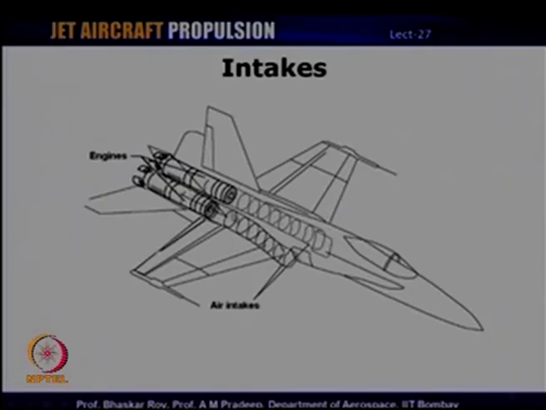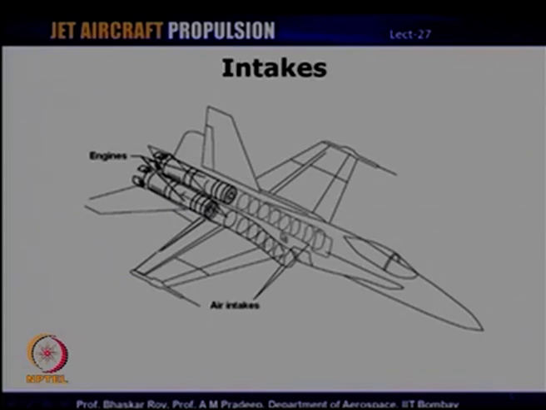In this case, you can clearly see that the engine is located far downstream towards the tail of the aircraft, which is how it is in most of the military aircraft, and the intake is supplying air from the sides of the fuselage in this particular configuration, and it is delivering that air to the engine. So, you can see that the intake duct is a curved duct in this case, and this curvature also leads to additional complexities which we will discuss in the next class.